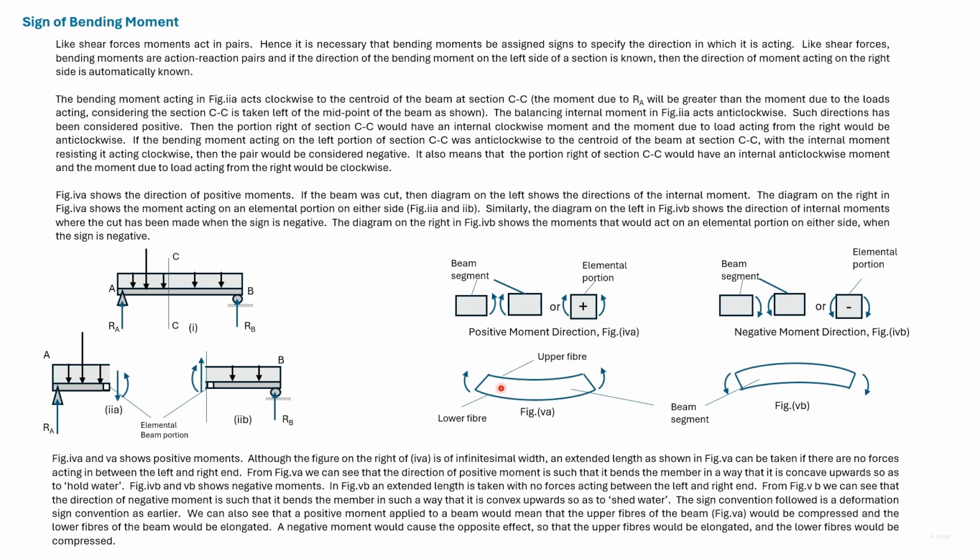With this type of deformation, the upper fibers in this beam would decrease in length, while the lower fibers would increase in length. With negative moment, it is the opposite. So the lower fibers will decrease in length.